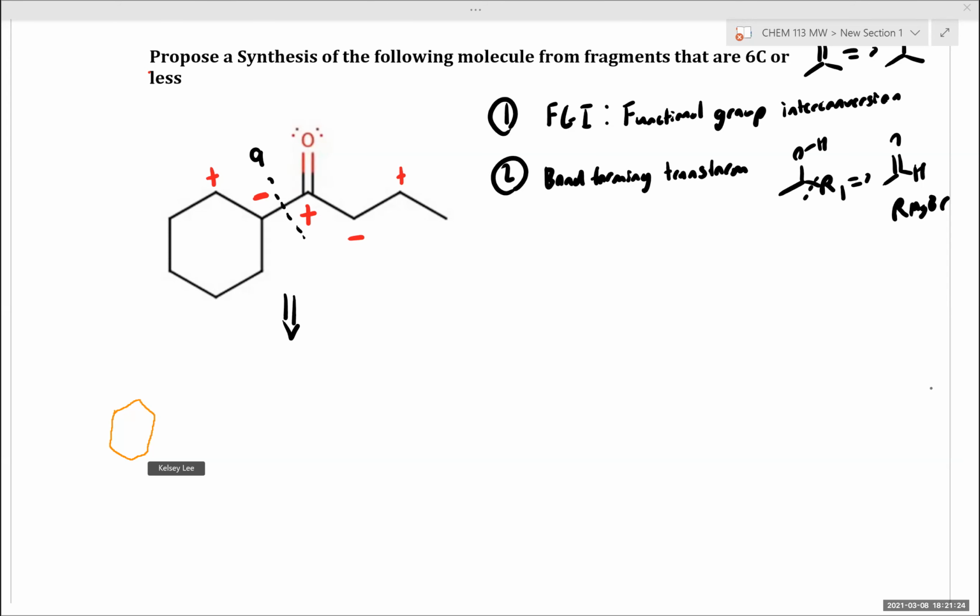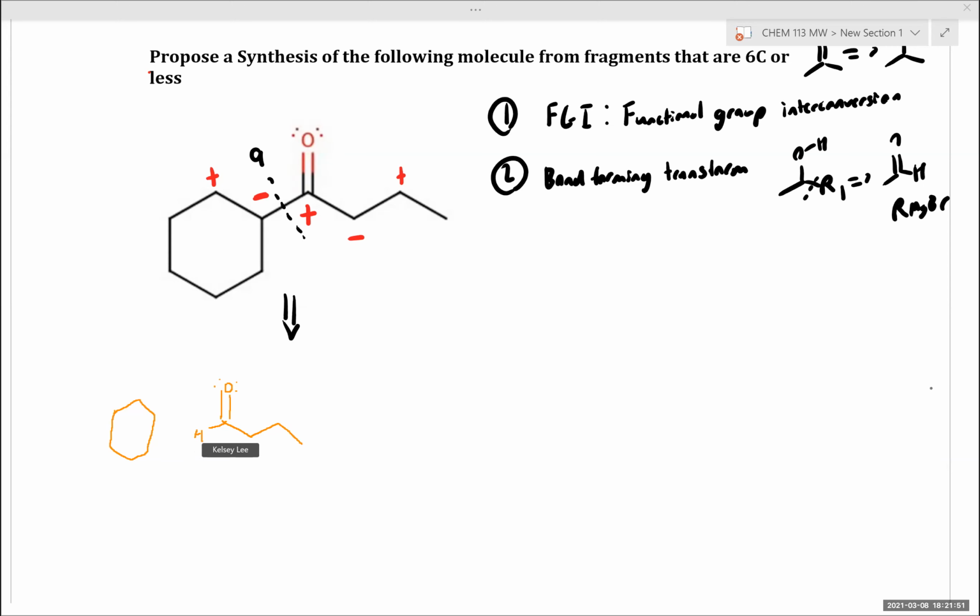And considering that we drew out a consonant pattern here just to get a sense of, well, how can we form our desired bonds? What bonds look reasonable to break? So in terms of synthons, we draw out our two fragments after breaking the indicated bond, and we think, where are we going to place our electron density?